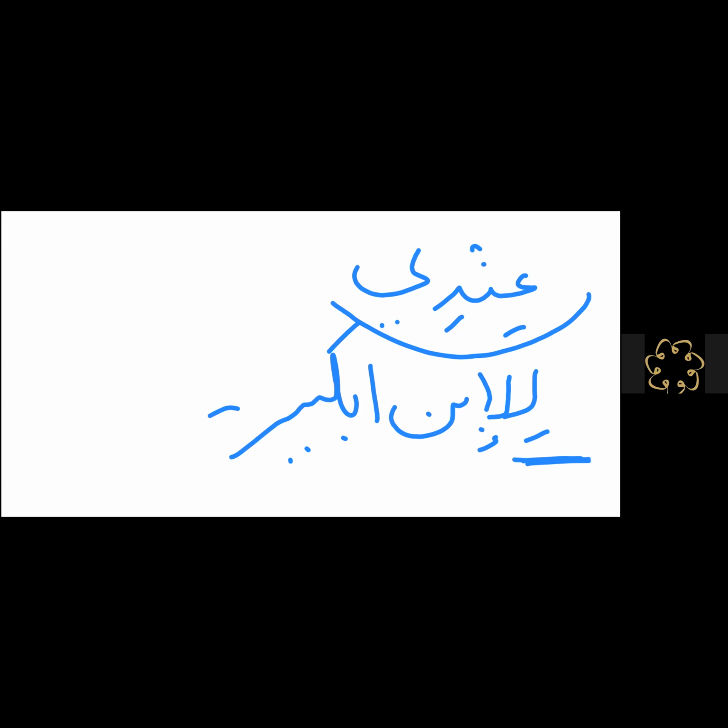In English, you are saying like that, but try to get it. عندي is when you are talking about a position or a place, meaning books are with you, kept with you. But when you say للابن, you are telling us that it belongs to someone. Maybe the owner is not here, but you say للابن الكبير. هذه الغرفة للابن الكبير. Saliha, did you get it? Yes, ma'am. Similarly, you say Alhamdulillah, the praise belongs to Allah, for Allah.